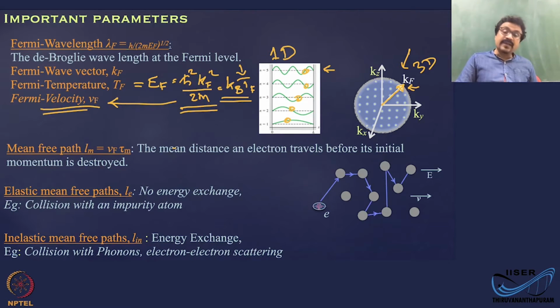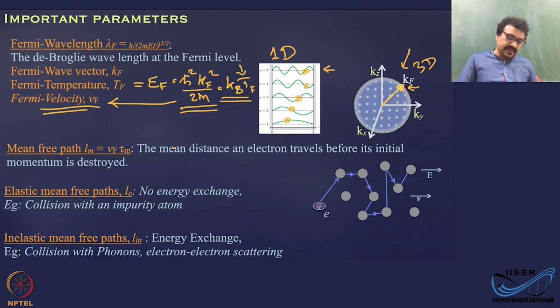What I'm trying to say here is that this Lm is not really a function of the applied electric field or the voltage that you have applied across the material. That is a property of the system, and it depends on various parameters such as how many defects are there, what the temperature is, and a lot of other effects. But it's not really a function of the applied electric field in the normal condition, what we call the linear transport regime.